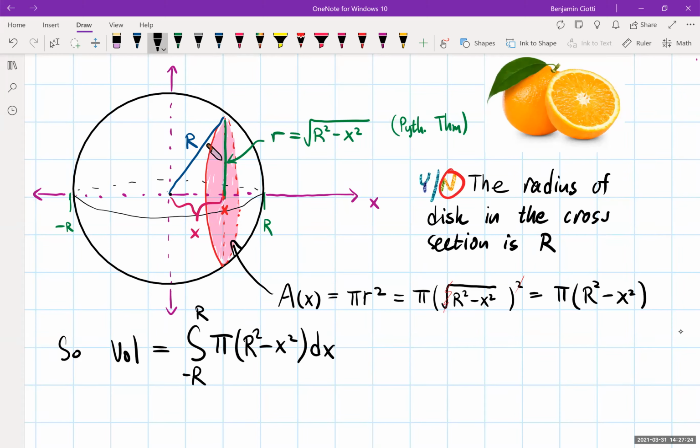Now, I could solve this. This is a straightforward 20B integral right now, but I'm going to do an important shortcut. I'm going to exploit symmetry.